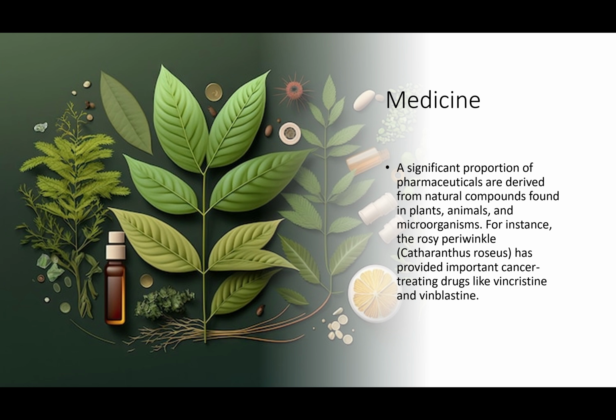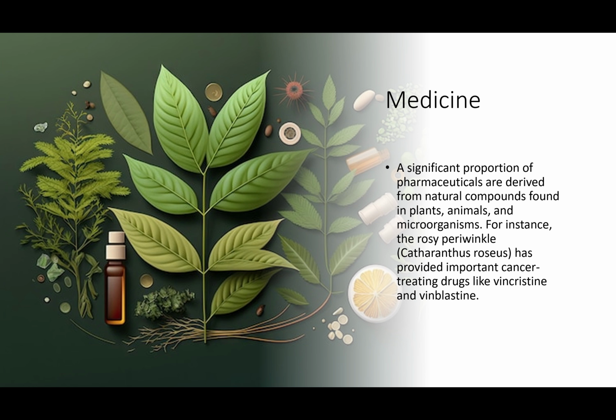Even UWI Mona has a Natural Products Institute, which works with the chemistry department as well as the biochemistry department to really look at that. It's an individual institute, by the way. I think they create different types of soaps and a lot of different things can be created. It's not only medicine, but it can be used for economic value, as we can create different things from these areas.